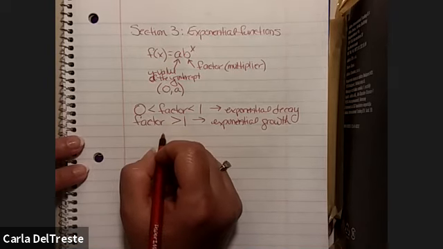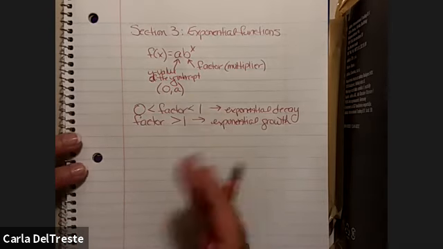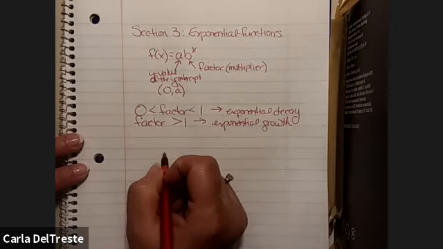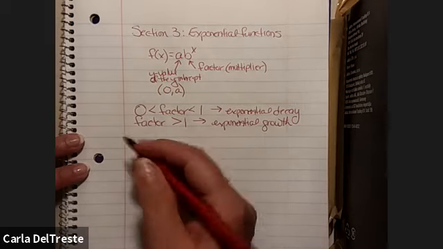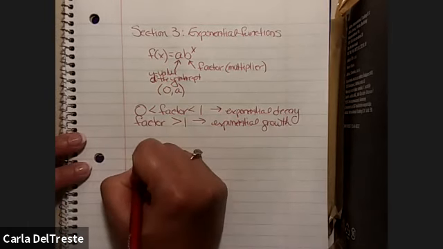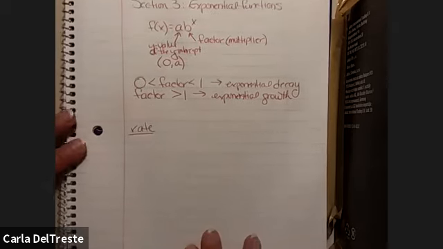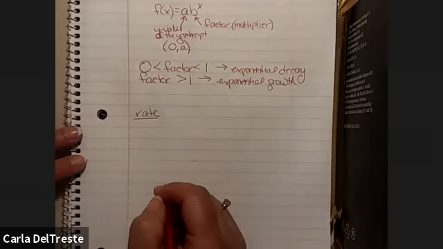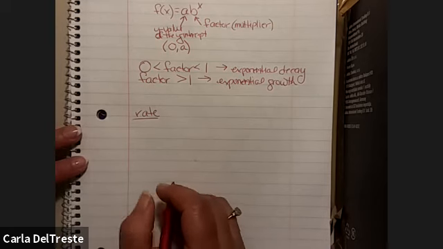All right, so all of these seem to be pretty accepted, I hope, in the previous videos. So now we're going to throw in one more concept, which is the concept of rate. Rate is the percent change between outputs.